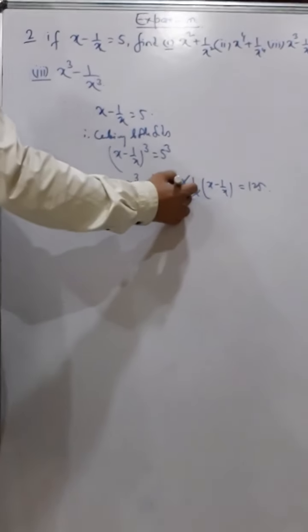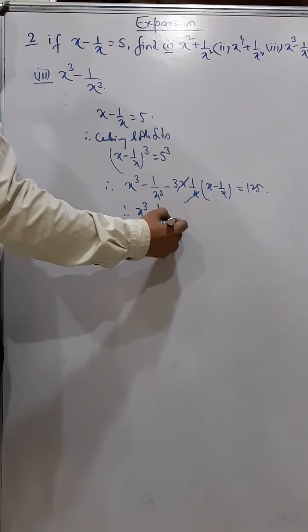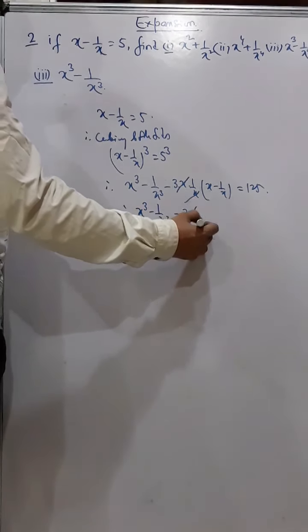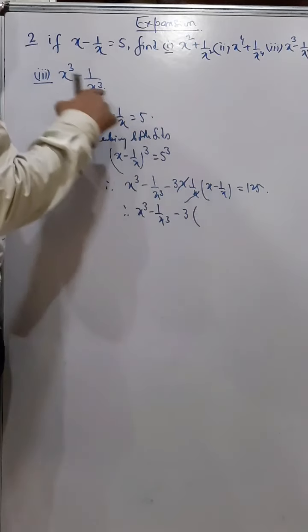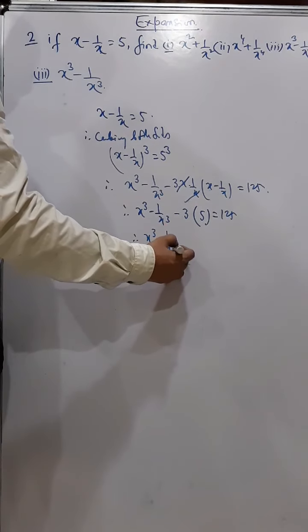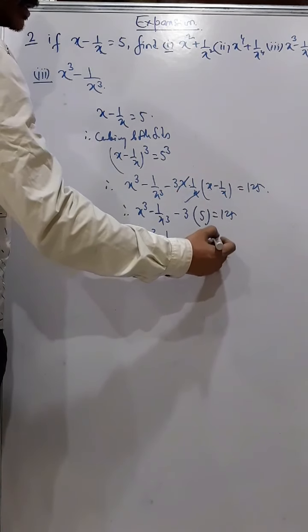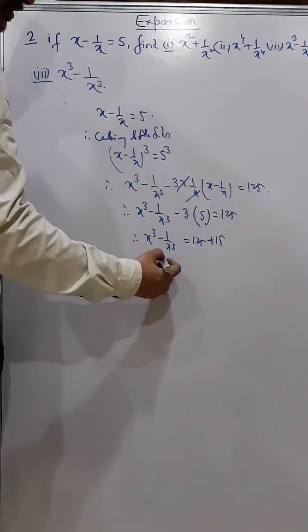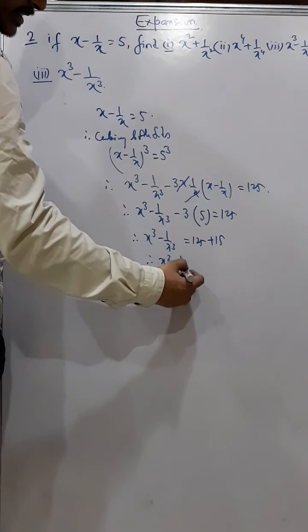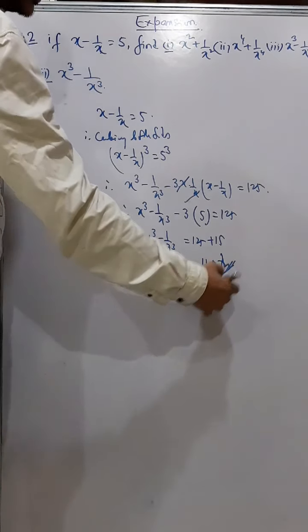Again x and x get cancelled, so I got x cube minus 1 by x cube minus 3, and x minus 1 by x, the value is 5, equals 125, and finally we got x cube minus 1 by x cube is equal to 125 plus 15. So x cube minus 1 by x cube is equal to 140.